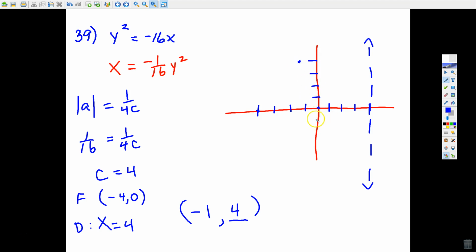And because of symmetry, I know that negative 1, negative 4 must also be on the parabola. And so we'll sketch it. And we're done. Any questions so far?